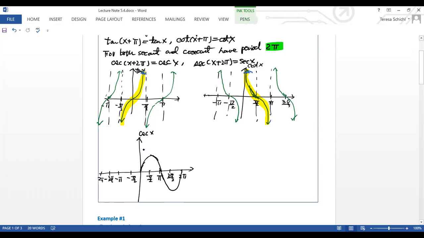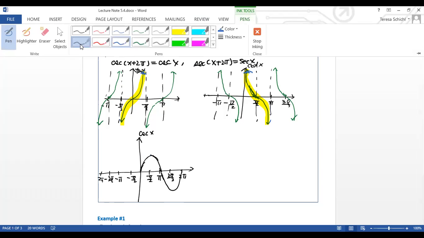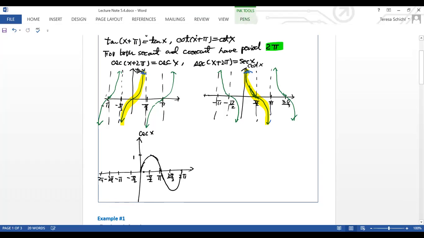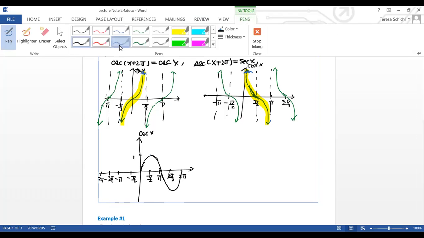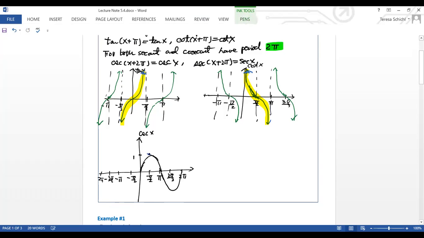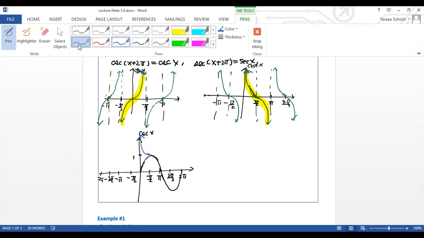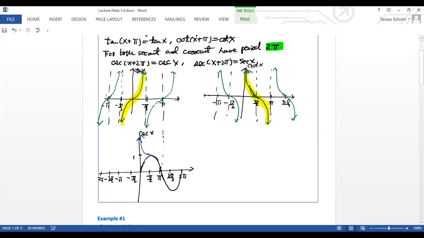So this is 1, right? That means as the sine approaches 0, my cosecant is going to go like this, and it's going to have asymptotes here. And the same way here, let me put this one here and this one here, right?